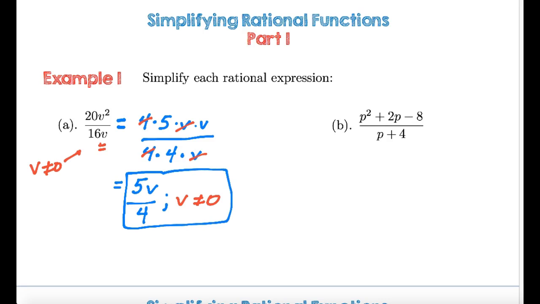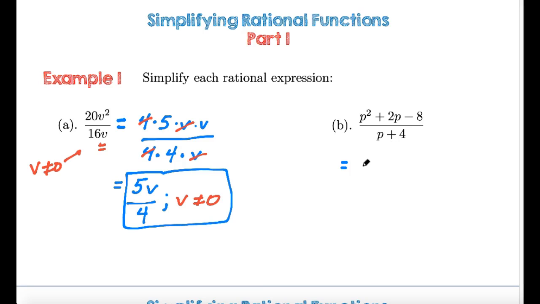In the second example here, when we talked about something being prime, look at p plus 4. That is prime. You cannot simplify that anymore. The numerator is a quadratic. We're going to look for two numbers that multiply to be -8 and add to be +2.